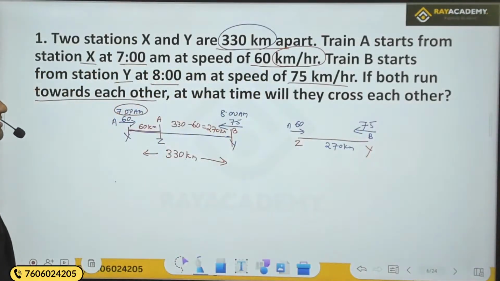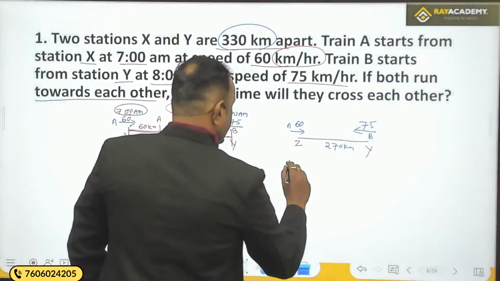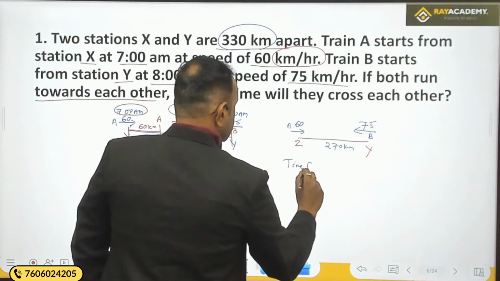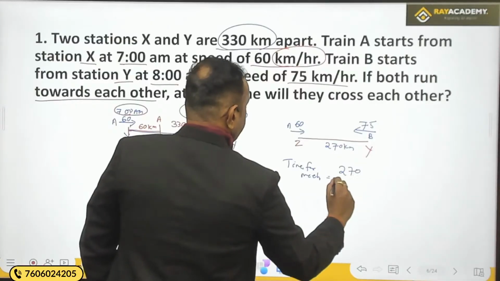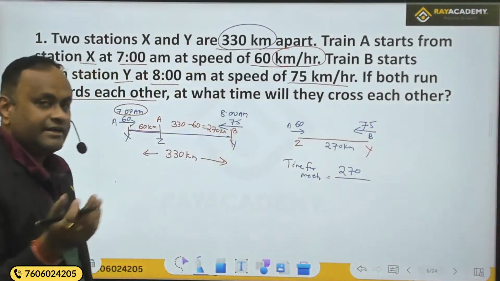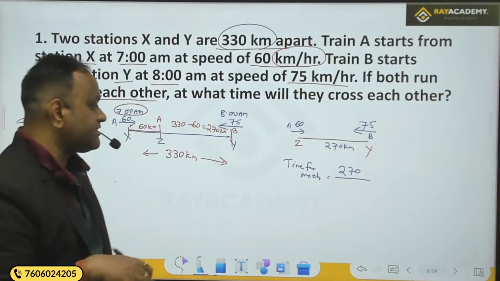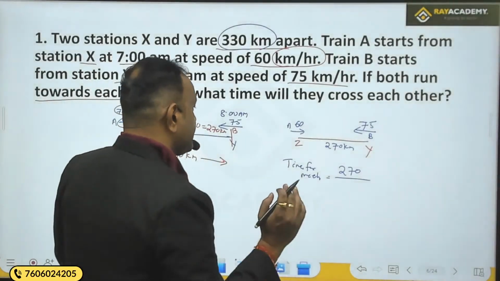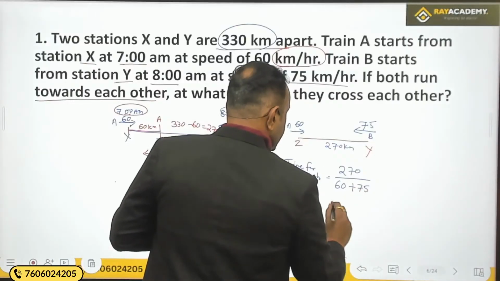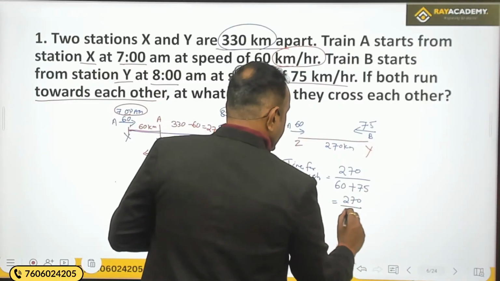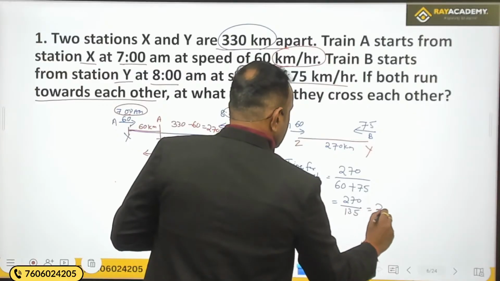So after how much time will they meet? Time for meeting will be the relative distance divided by the relative speed. The relative distance is 270. The relative speed, since they are traveling in opposite directions, is 60 plus 75. So it is 270 divided by 135, which is 2 hours.